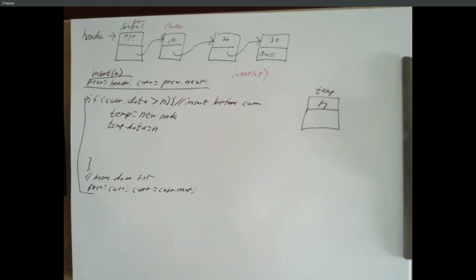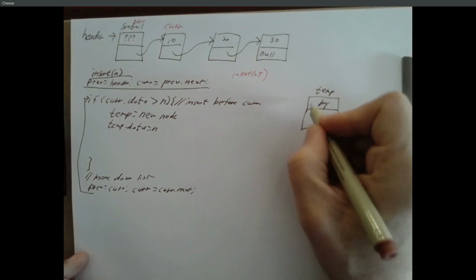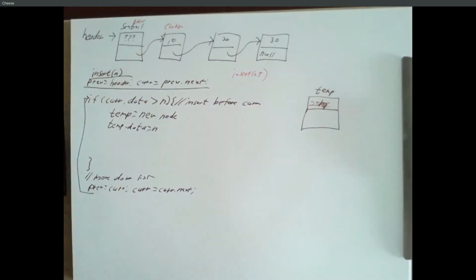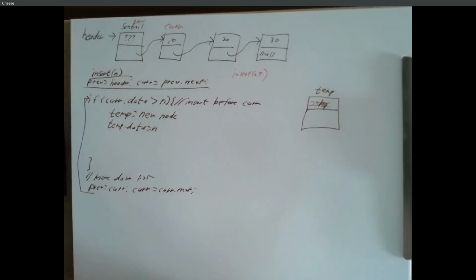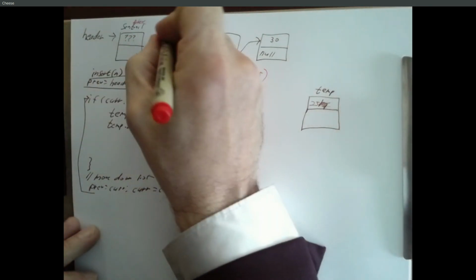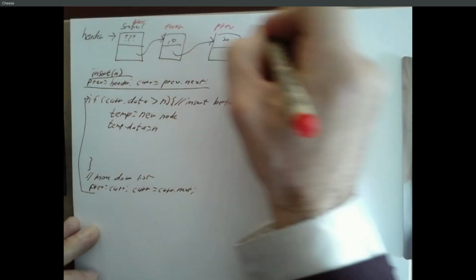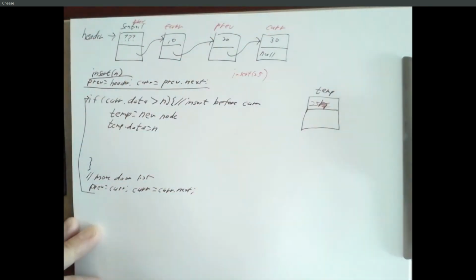So for us, that's 25. And then what do we do to the picture of the list to store this in the right spot inside the linked list? So let me update our pointers here. This is previous, and this is current, and this is temp.